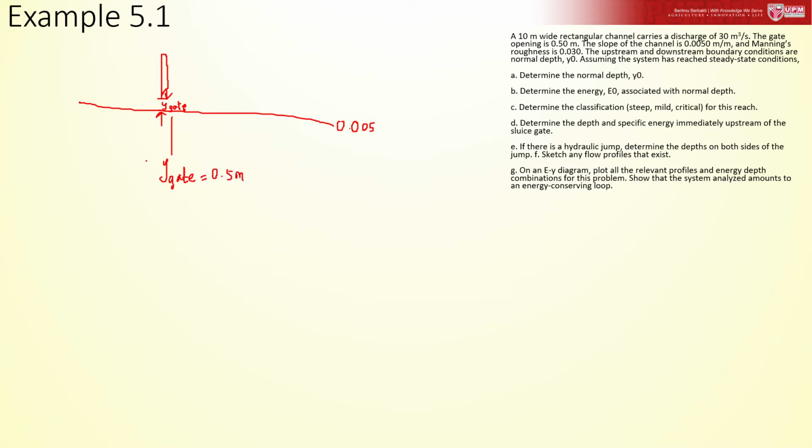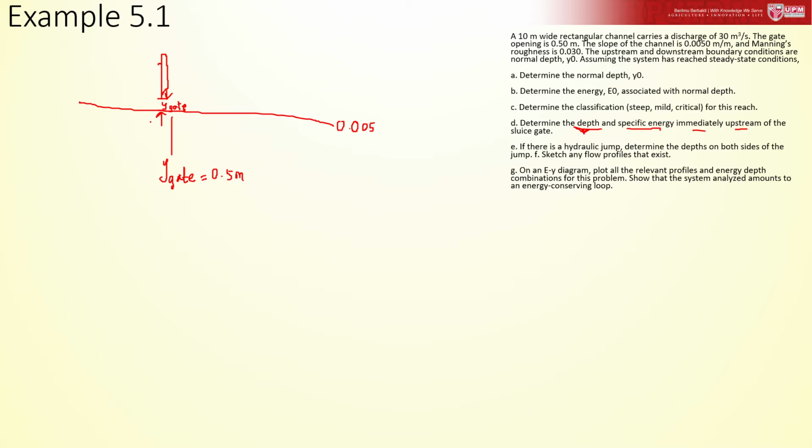So the question wants us to find the depth and specific energy immediately upstream of the sluice gate. So we want to find the energy and depth immediately upstream of the sluice gate here.